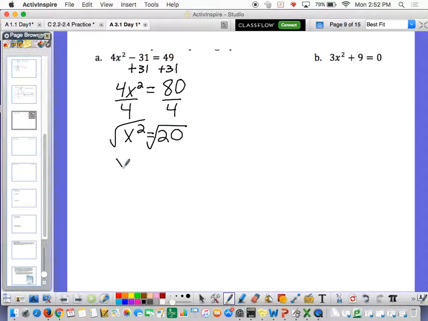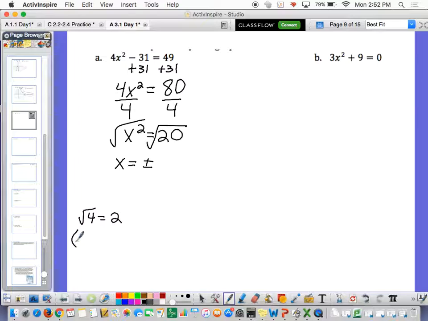Okay? And so x equals, okay, now here's where you have to be careful. Ready? Whenever you physically take the square root of something like we did here, you have to have this fancy thing called plus and minus. Because if I asked you, what's the square root of 4, you would probably tell me 2, and it is.